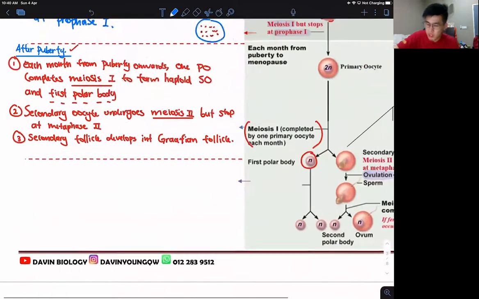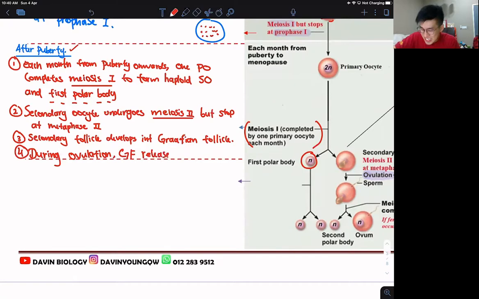So you can add one more explanation over here, whereby during ovulation, the Graafian follicle, GF, releases the secondary oocyte, SO, out of the ovary, or releases secondary oocyte from the ovary also can.